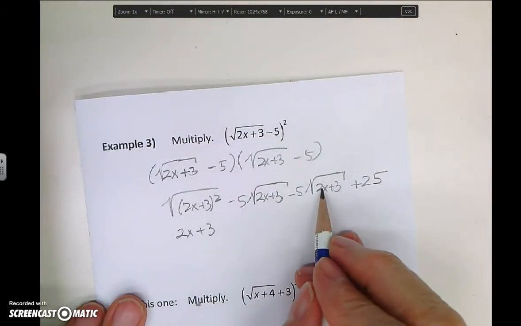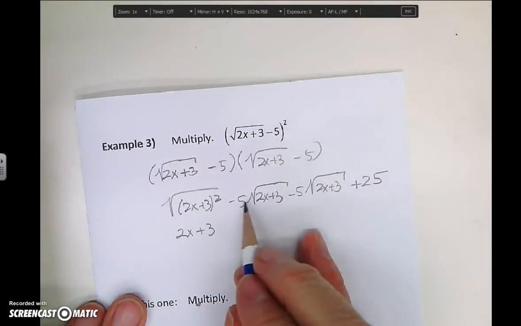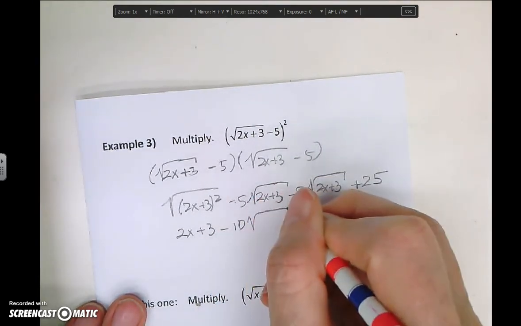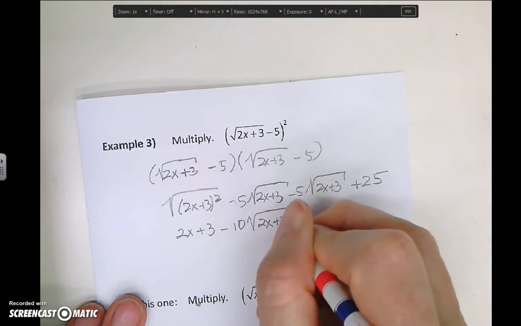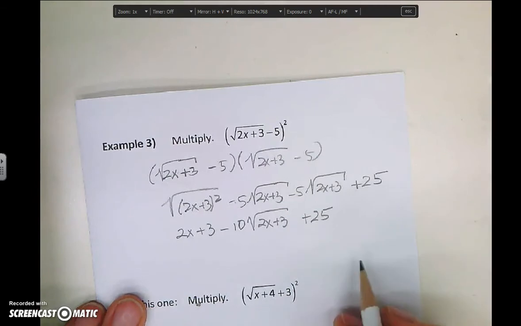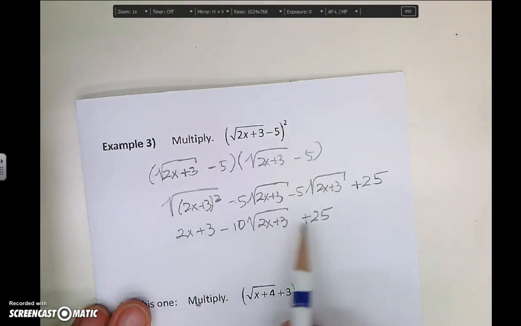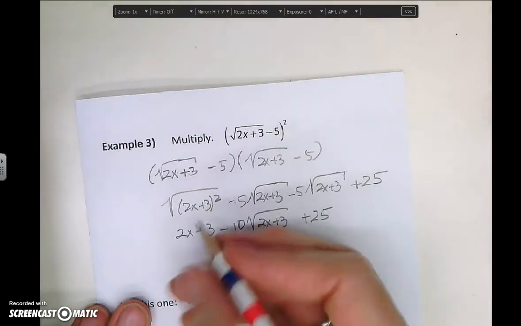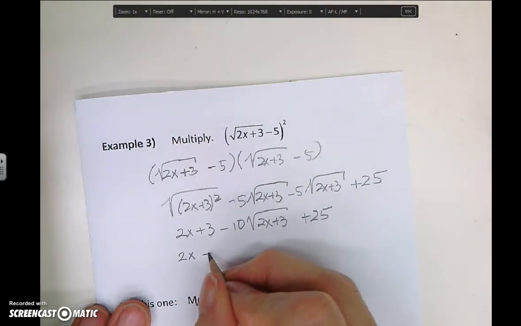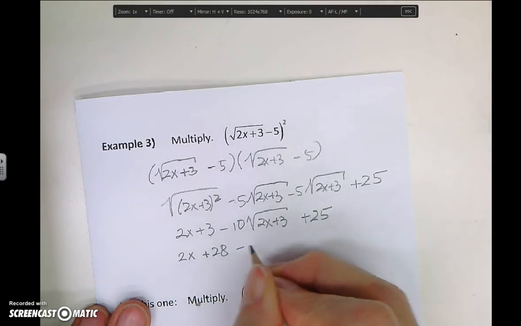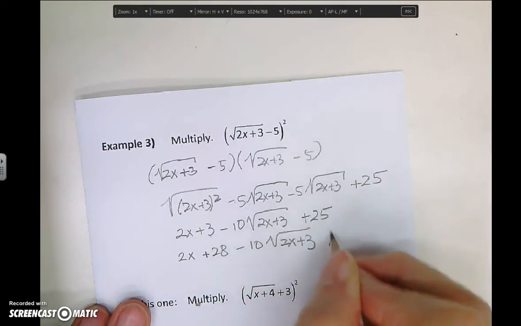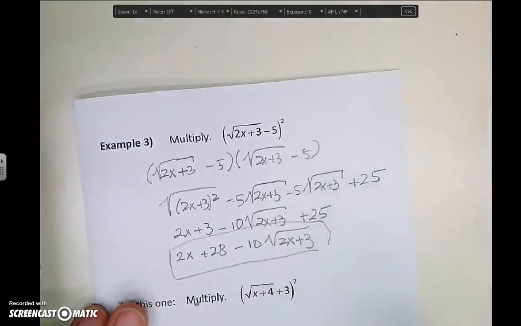These are like terms, so I'm going to add them. So I have negative 5 and negative 5 is negative 10 radical 2x plus 3, and then plus 25. And then I'm going to see if I can combine anything, and I can combine the 3 and the 25. So my final answer would be 2x plus 28 minus 10 radical 2x plus 3.